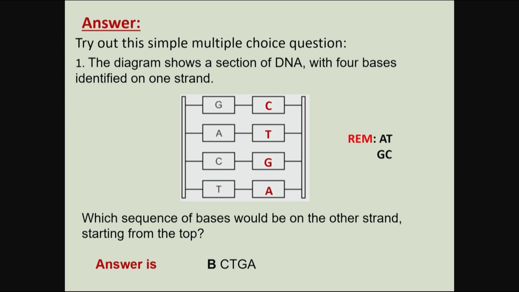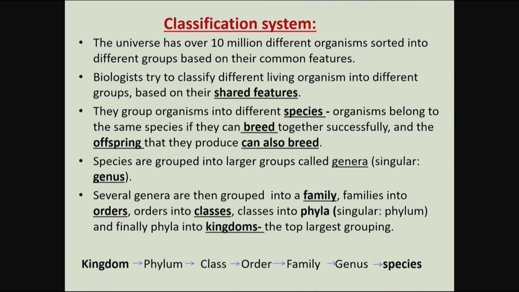So you can always talk about AT, CG or AT, GC. In this case, starting from the top, the G will pair with a C, then an A will pair with a T, then C will pair with a G, and then the T will pair with an A, and the answer will be B.